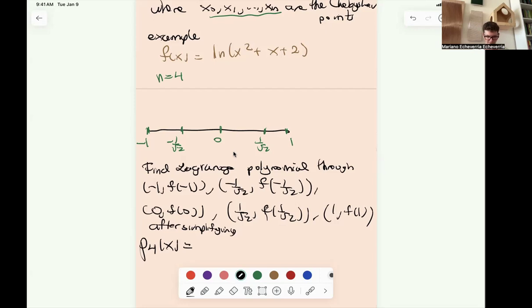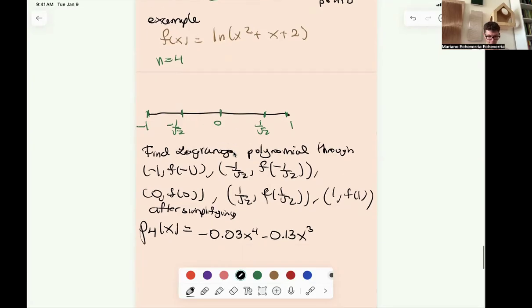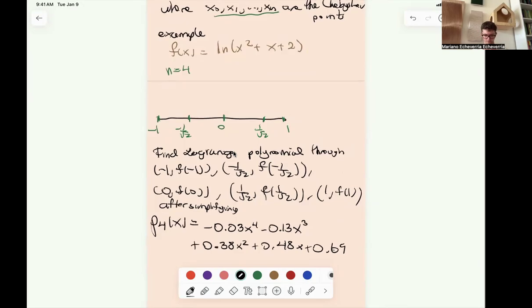After simplifying, you will find negative 0.03 x to the 4 minus 0.13 x cubed plus 0.38 x squared plus 0.48 times x plus 0.69. Okay.